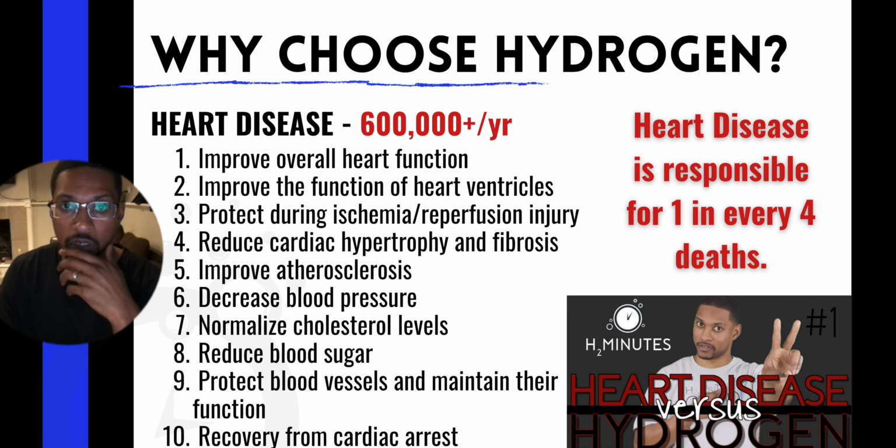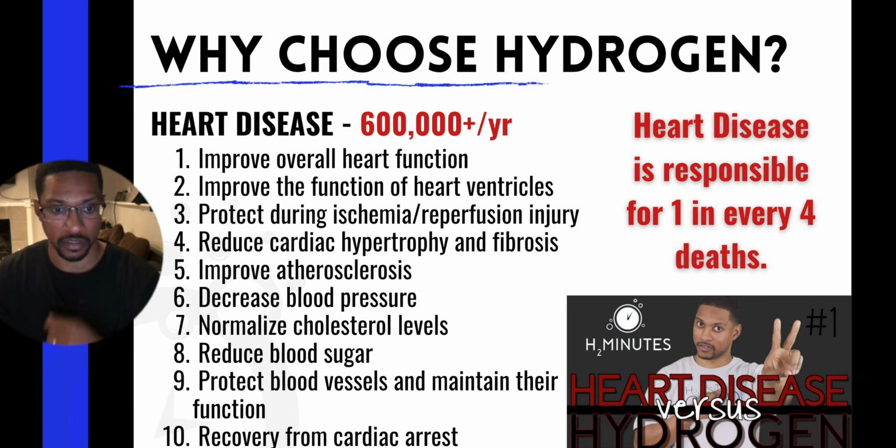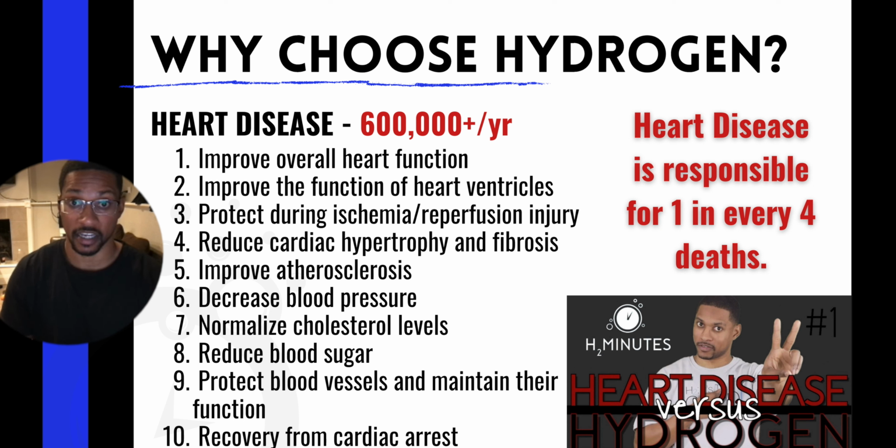And in this video, we show that hydrogen has therapeutic potential to benefit heart disease by improving overall heart function, improving the function of heart ventricles, protecting from ischemia-reperfusion injury, or heart attacks, reducing cardiac hypertrophy or fibrosis, improving arteriosclerosis, or basically plaque in our arteries, decreasing blood pressure, normalizing cholesterol levels, reducing blood sugar, protecting blood vessels and maintaining their function, so our vascular system, and improving recovery of cardiac arrest. So this is where hydrogen has therapeutic potential.